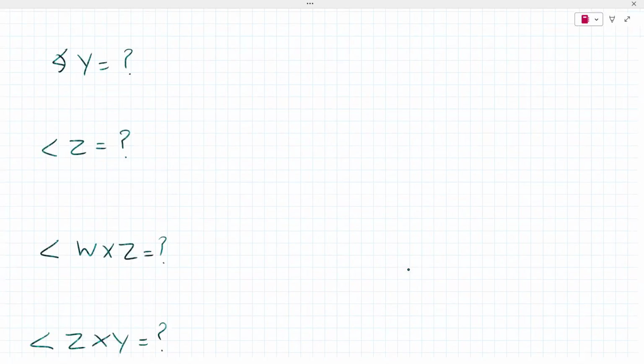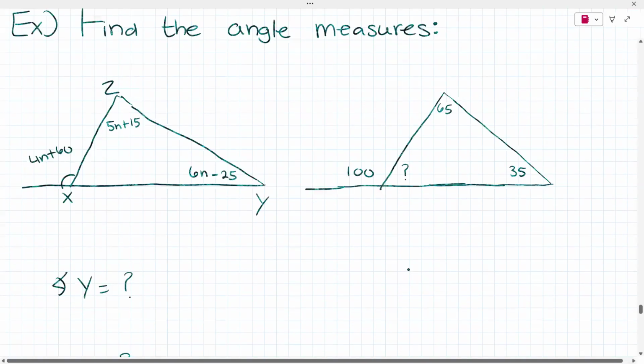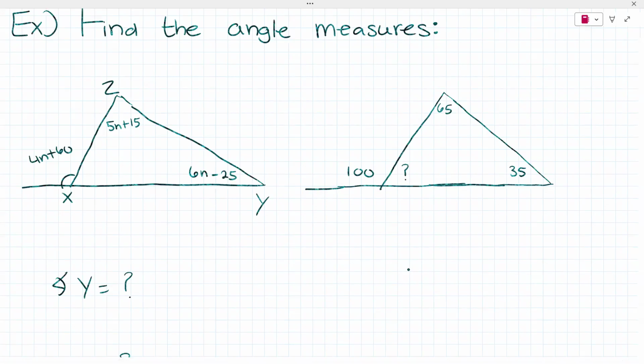Okay. What could we do? Angle y is this angle right here, right?